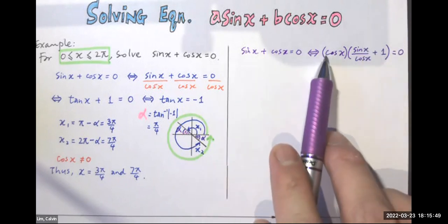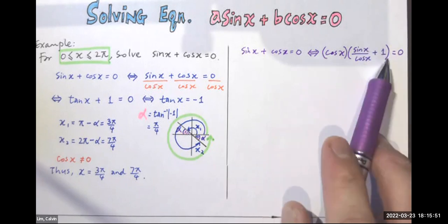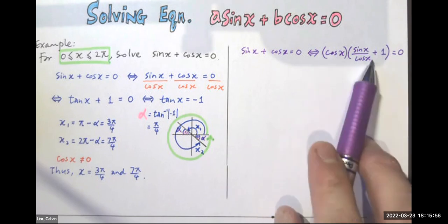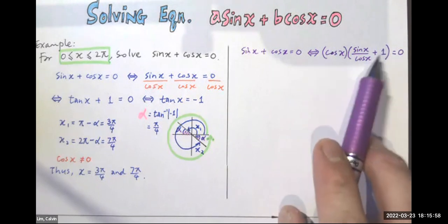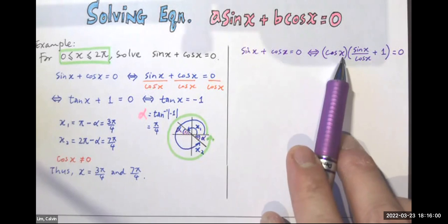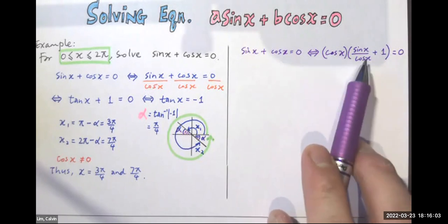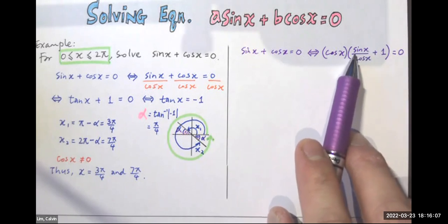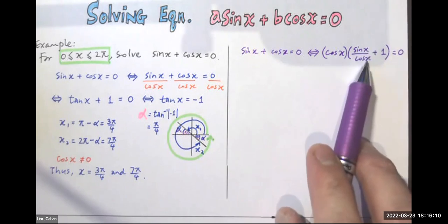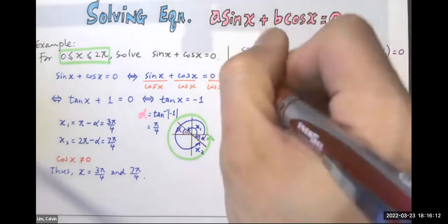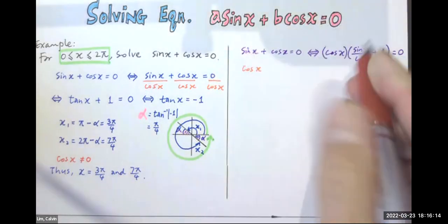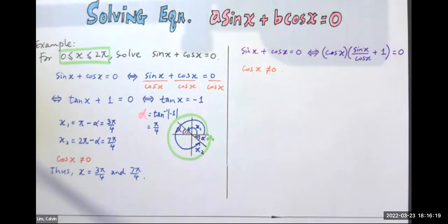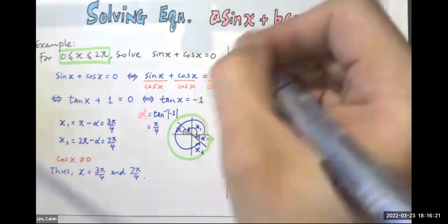We know that if we can express an equation as a product equal to 0, either one of the factors is 0 or both are 0. But in this case, cosine x cannot be 0, because if cosine x is 0, the other factor has sine x divided by 0. So if we have written it in this fashion, cosine x cannot be 0.